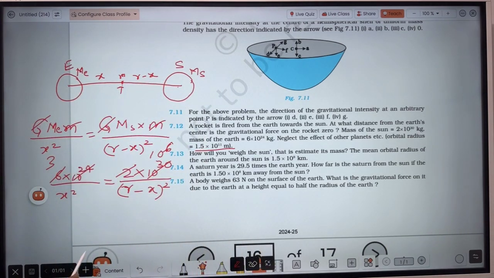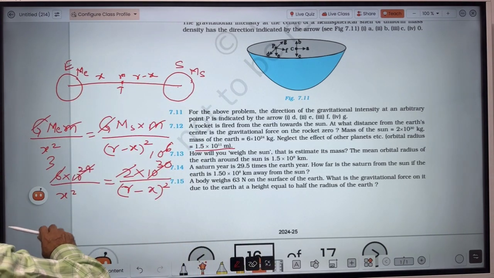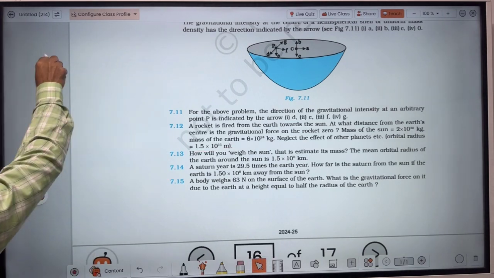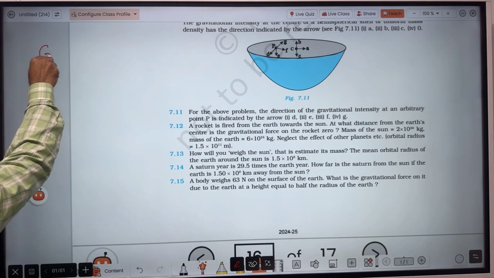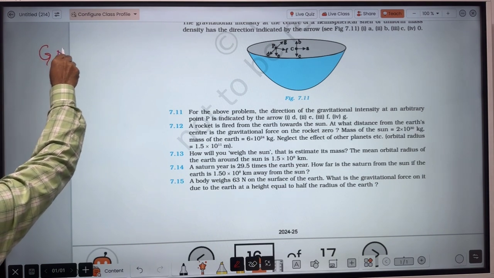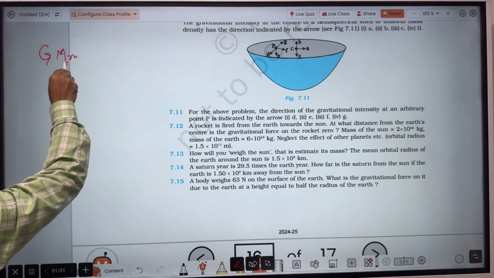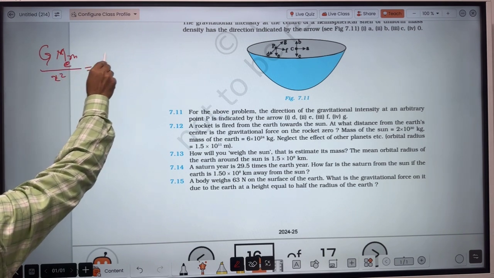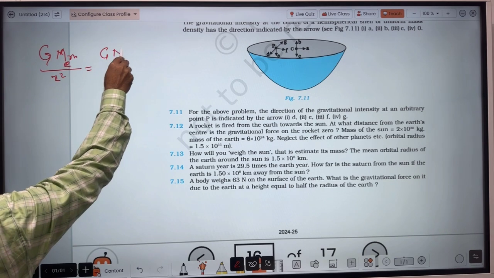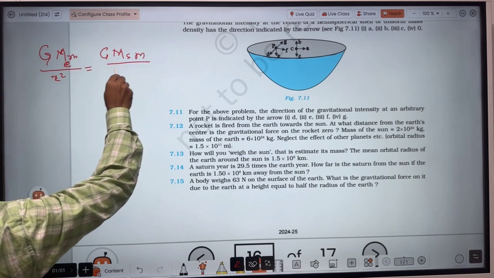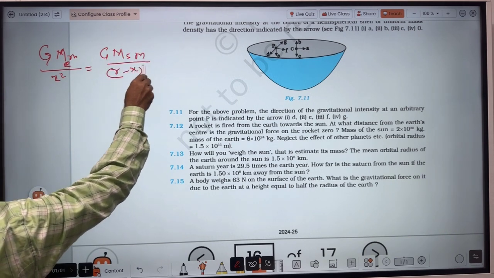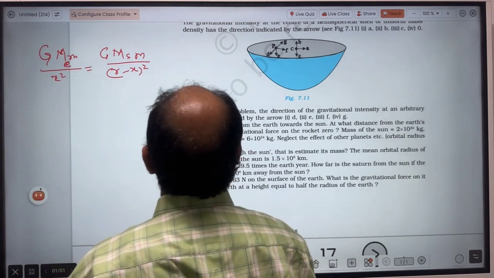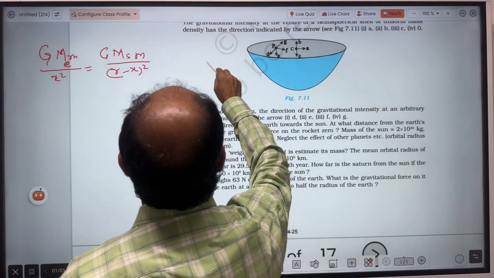So let's write it. What we have got here, I'm rewriting: G mass of Earth divided by X square must be equal to G M sun small m divided by R minus X whole square. So here this 10 power 11 you should not consider for making calculation.